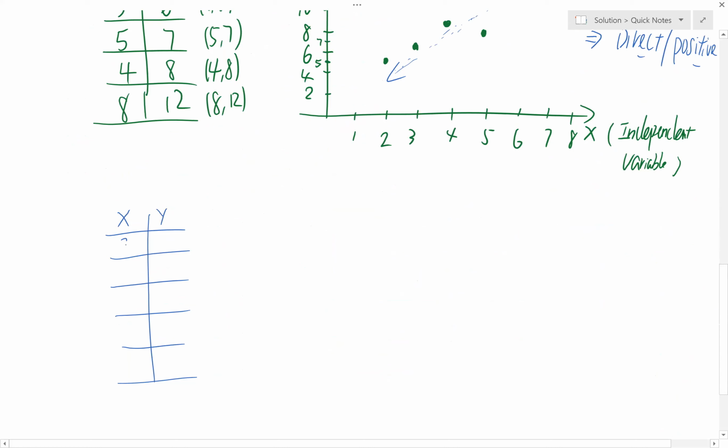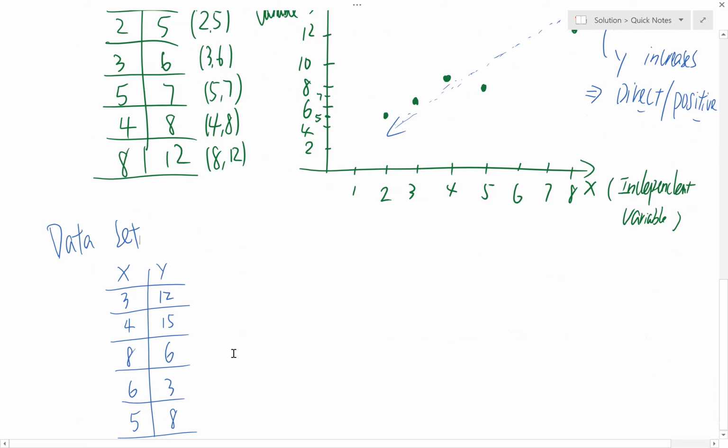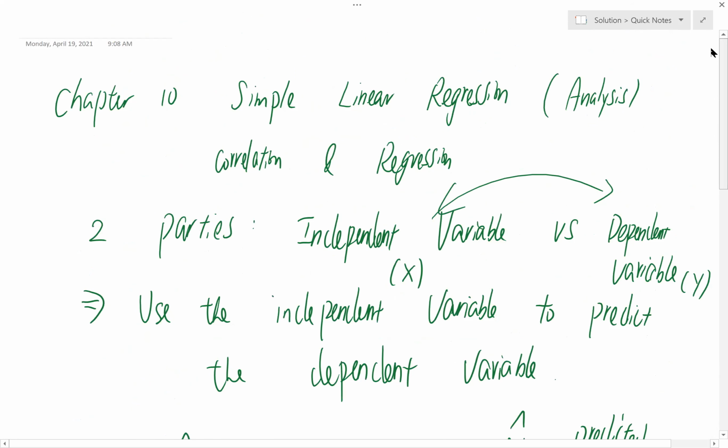Let's say 3 gives us 12, 4 is 15, and 8 becomes 6, then 6 becomes 3, and 5 gives us, let's say, 8. Okay, so this is another data set, and in this data set we have some ordered pairs. Let's see how we will understand this.